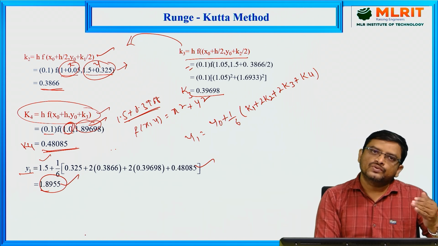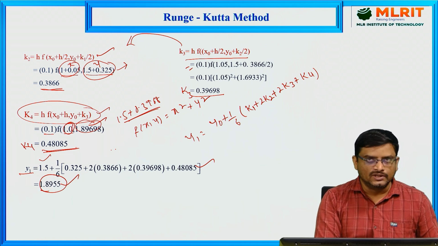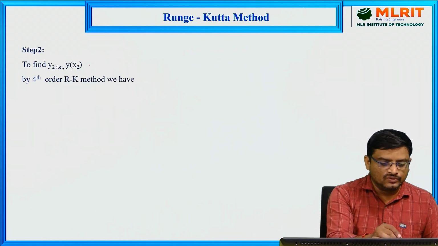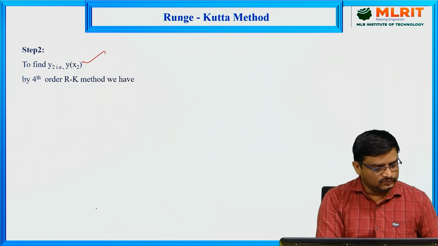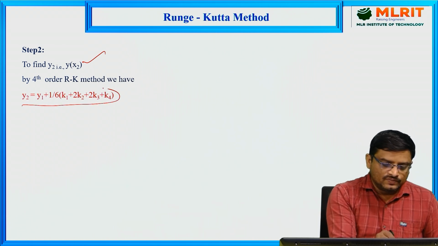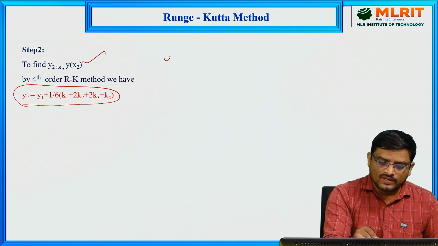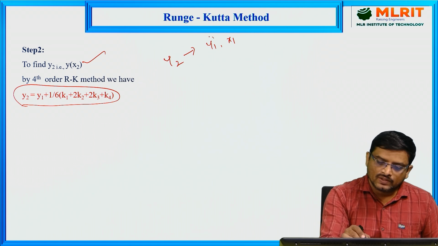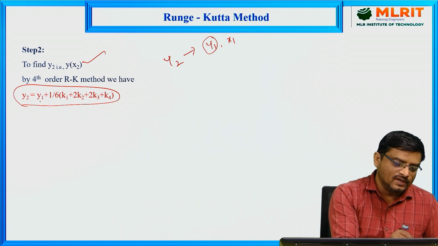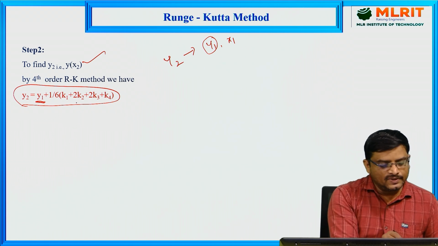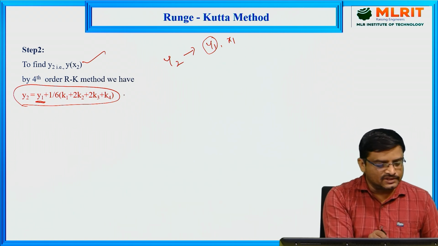Follow the same procedure to find out y2 using this RK method here. So step 2, we are going to find out the y2 value here. So this is the formula. If you want to find out this y2, we have to consider y1 and x1 as the initial values. So in place of this y0, we replace with y1 and keep this k1, k2, k3, k4 as it is here.